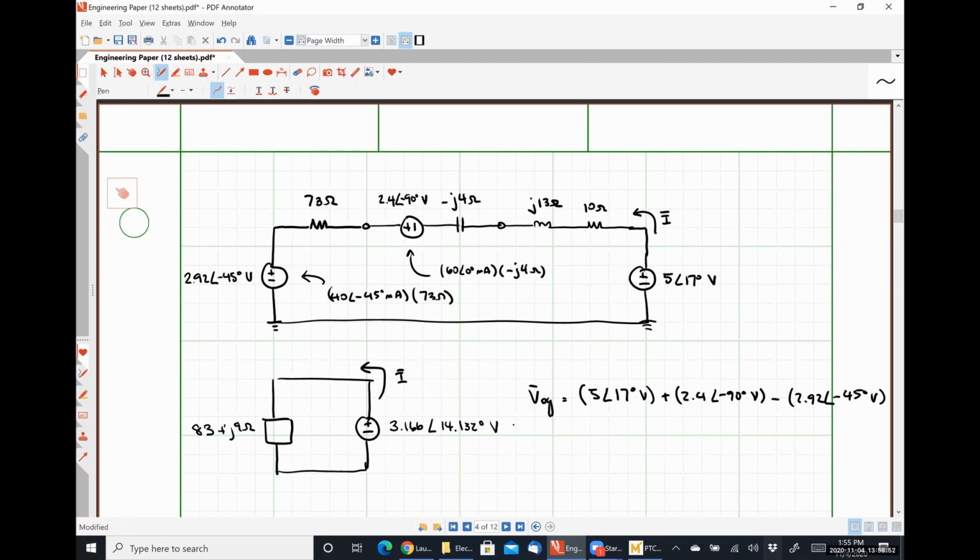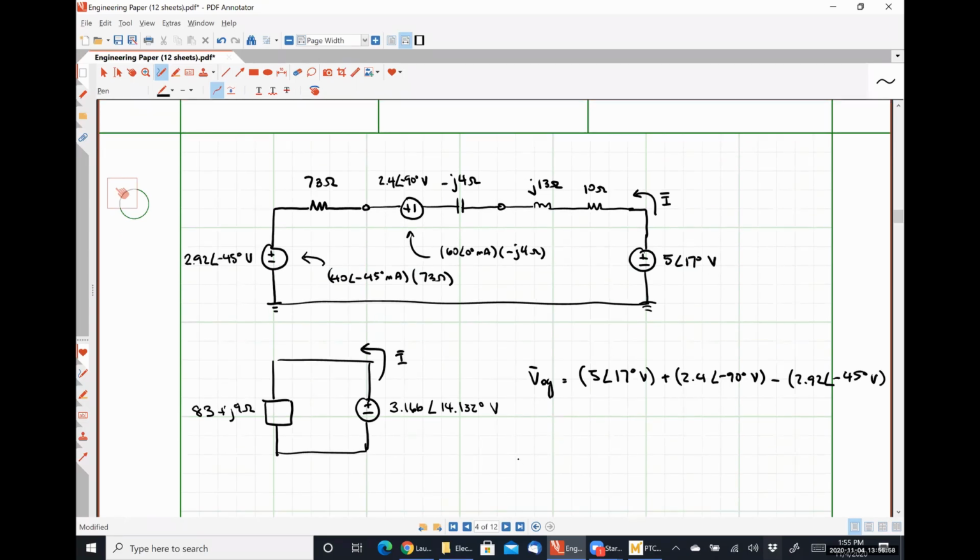So our last step then, how do we determine that current I? Just Ohm's law, absolutely right. So our current I is just our equivalent voltage VEQ divided by our equivalent impedance ZEQ. So that is going to be 3.166 angle 14.132 degrees volts divided by our impedance of 83 plus j9 ohms.